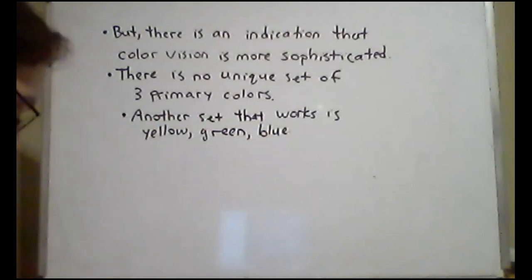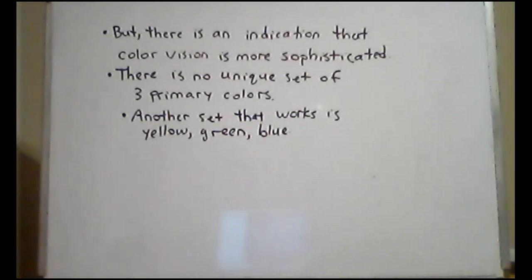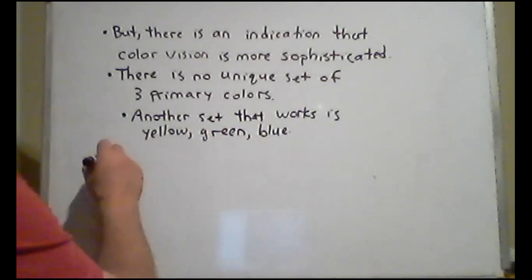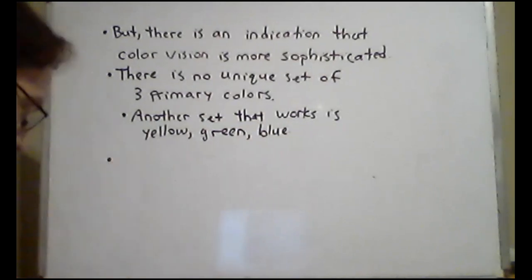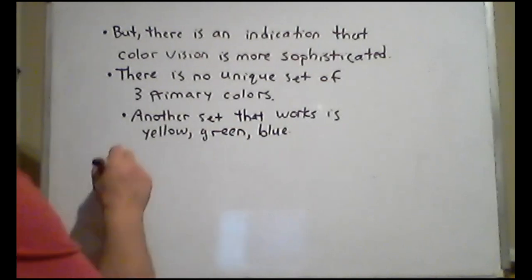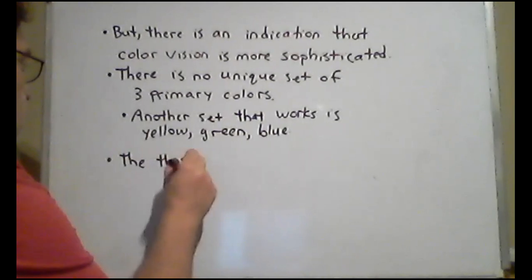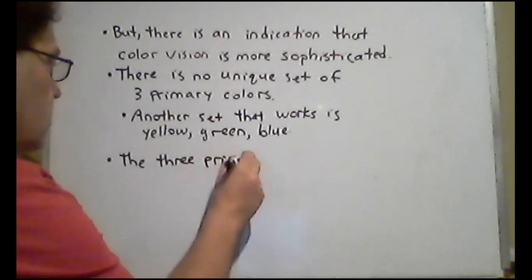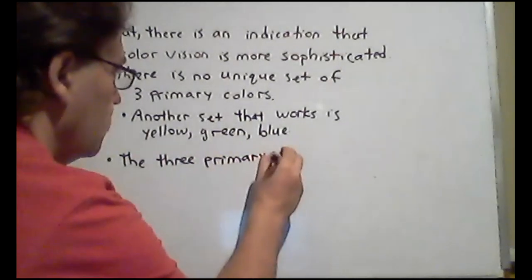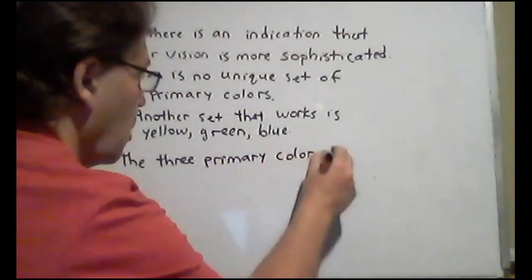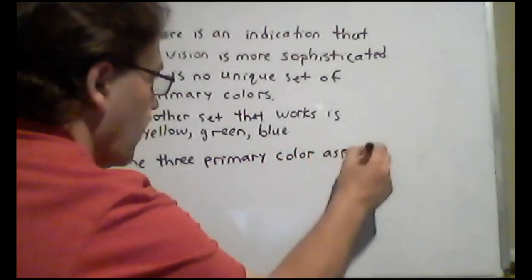Now, essentially, in working on a theory of color vision, the 3 primary color aspect is like our television.